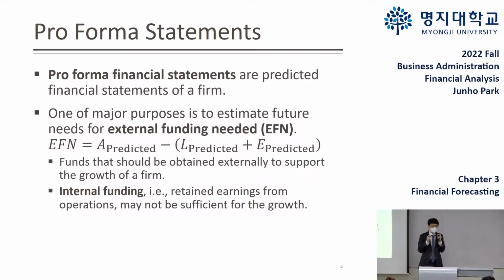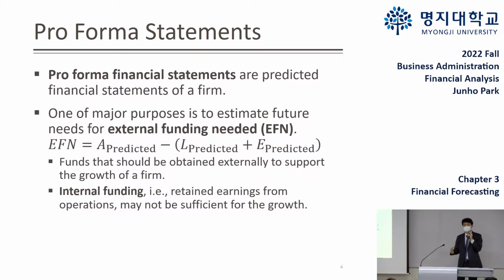So if you make some sales and some net income, that means the value of your equity will become larger because you have gained retained earnings. By definition, retained earnings means the money that you are going to spend in the future.